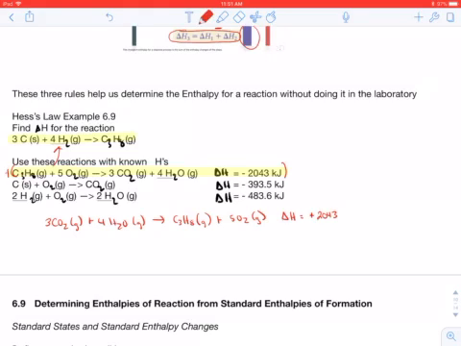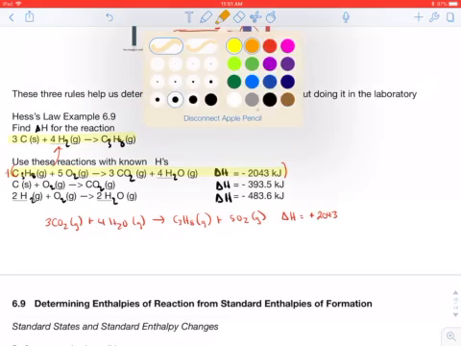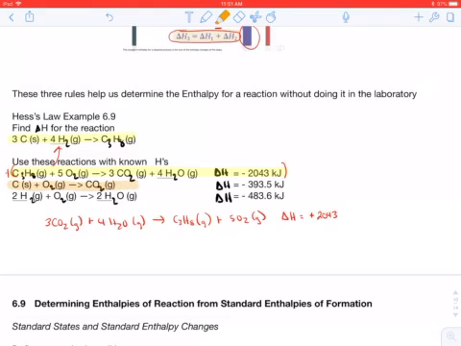All right, let's check out that second equation. We're trying to get something that matches up top. And if you can see, the very first thing matches up. We've got C up there, except in this one, we only have one C. So if I multiply this whole reaction by 3, that'll give me the 3 C's that I have in the reaction I'm trying to get to.